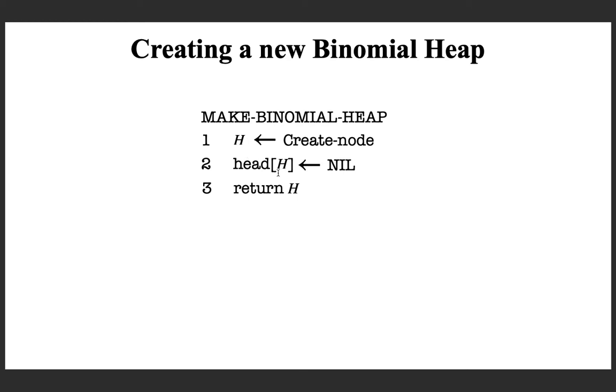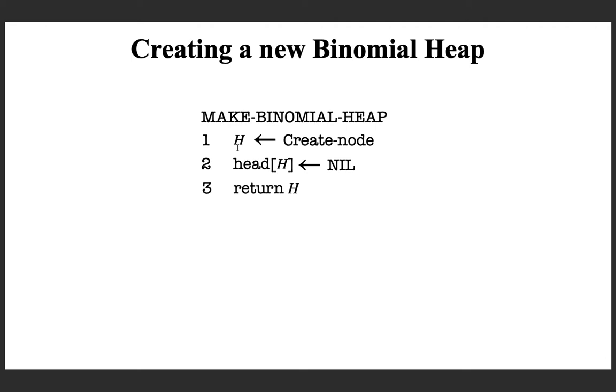And now you are saying that the head of H is nil. That means now it is a nil list or null list. No elements are there in the root list, or no binomial trees are there. So to begin with, the binomial heap is not containing any trees. It is just having a variable which can hold the address of the first binomial tree that you can add later.